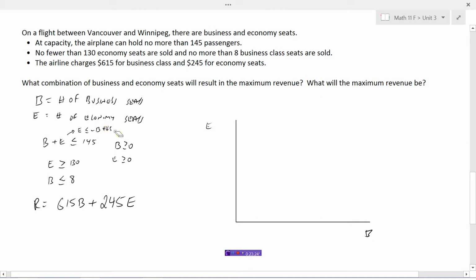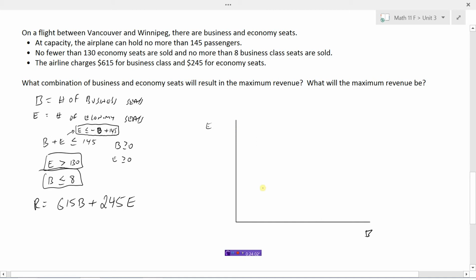We get E is less than or equal to, no, I missed the negative sign. Negative B plus 145. So we have this one to put on the graph, and this one to put on the graph. And then these two as well, but they're kind of covered when we just draw this axis here. But yeah, these are big numbers, so it'd be difficult. We could do it, but it'd be difficult to put that on here.